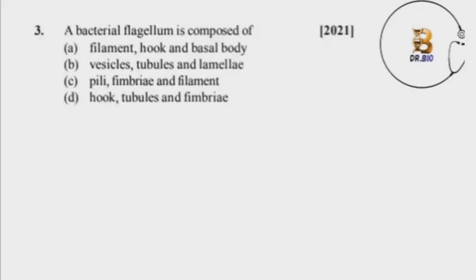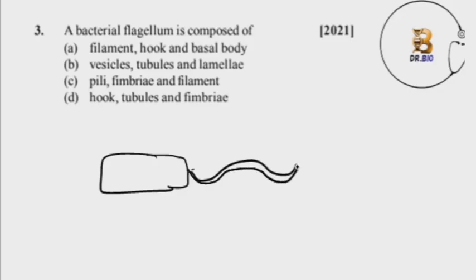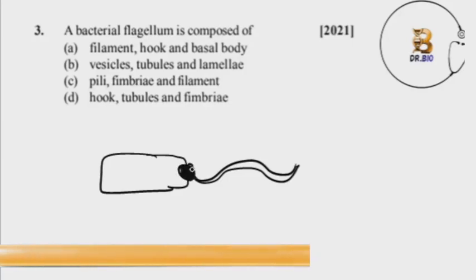Dear students, a bacterial flagellum is composed of. So when we look into the bacteria's structure, if this is the bacteria, it will be having flagella. Flagella will be having many parts in it. Somewhere here at the junction of the bacterial body and the flagellum origin, we will find something called a basal body.